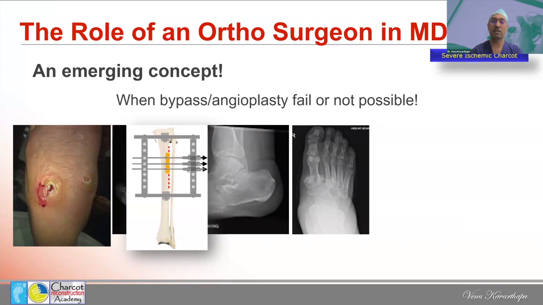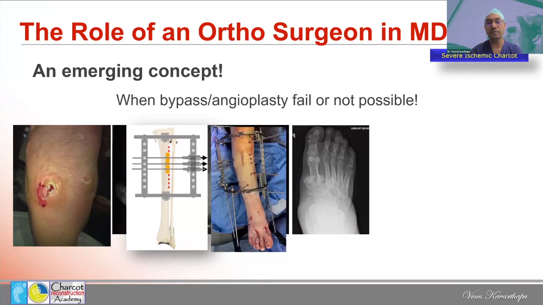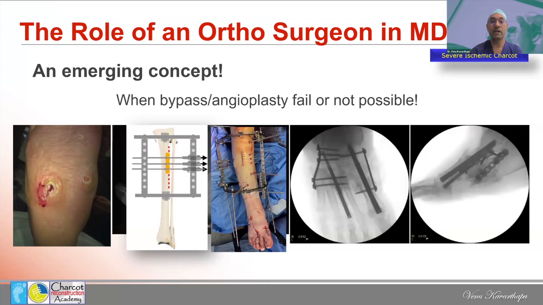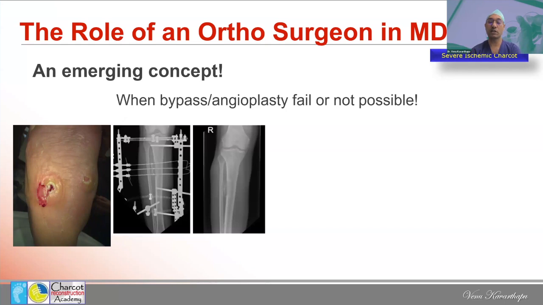This particular technique is called tibial transverse corticotomy transfer, where you make a rectangular corticotomy on the proximal tibia, or you can even do it in the distal tibia, and use a frame to gradually distract about 1 millimeter a day, and that improves the microcirculation. I combined that with midfoot reconstruction in the same sitting in this patient who had such severe non-correctable ischemia.